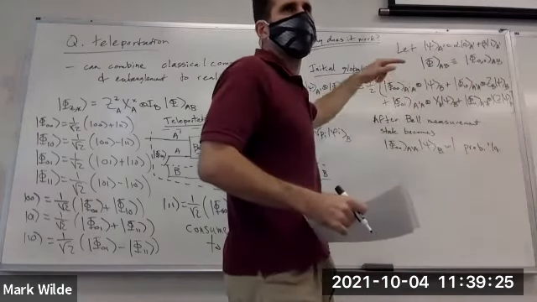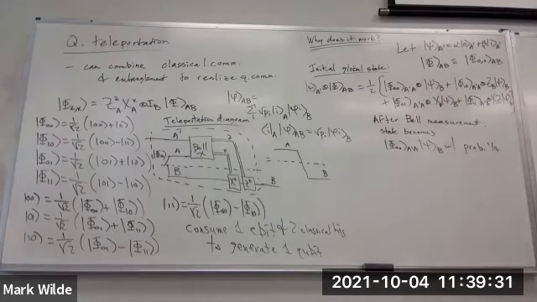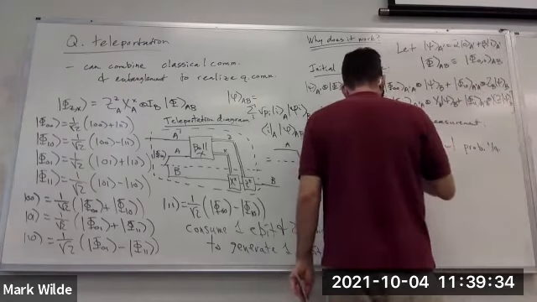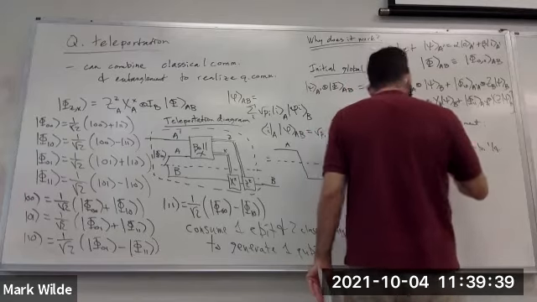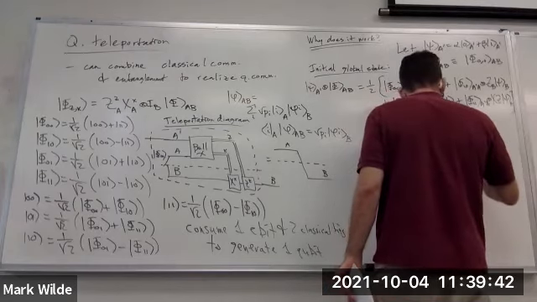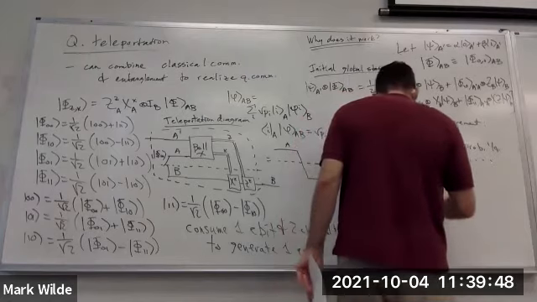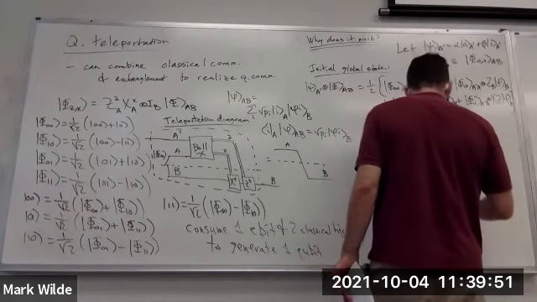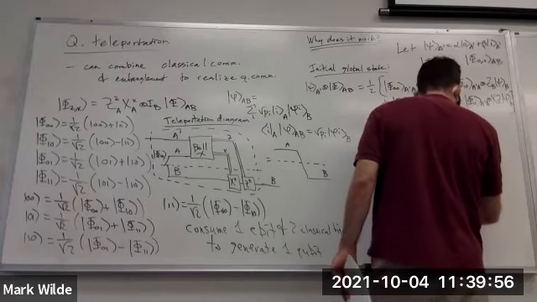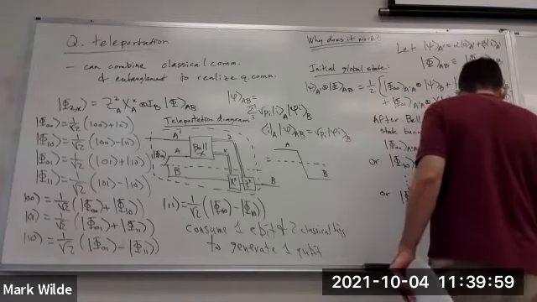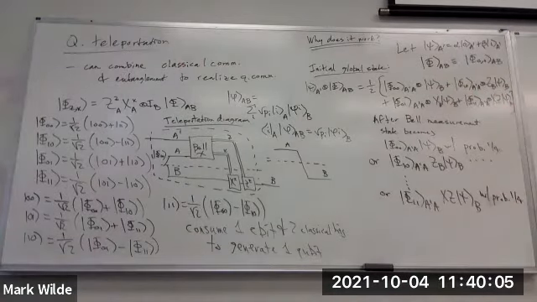So it reduces to one of these 4 possibilities with equal probability. Or phi, with this probability, and then the final possibility is this. Okay, so those are the 4 possibilities.